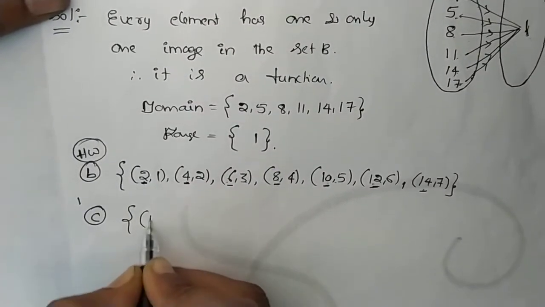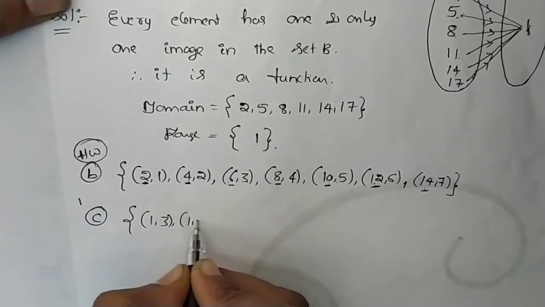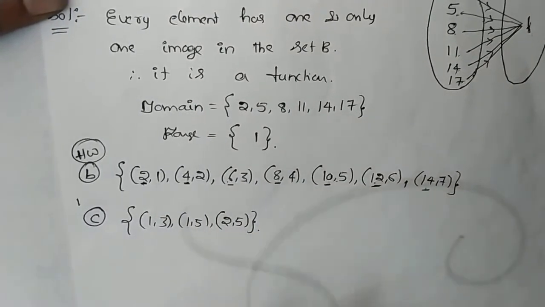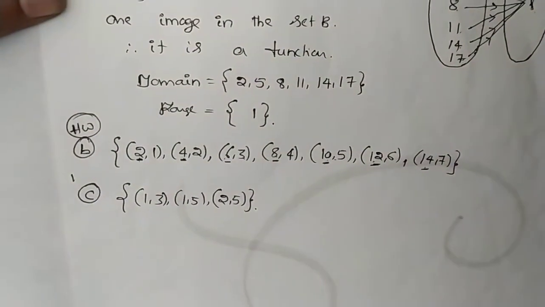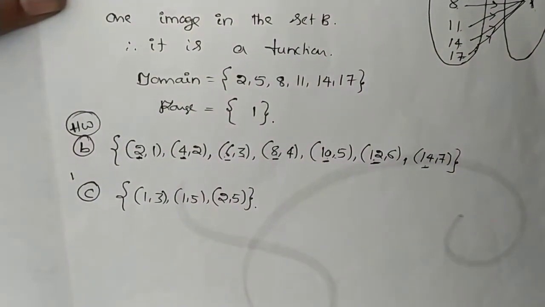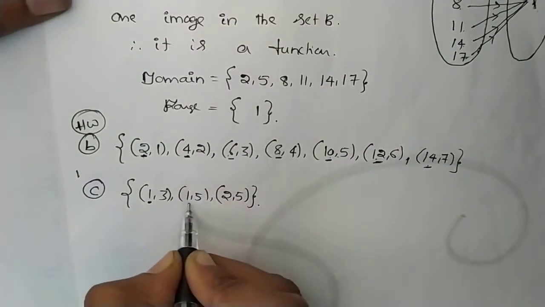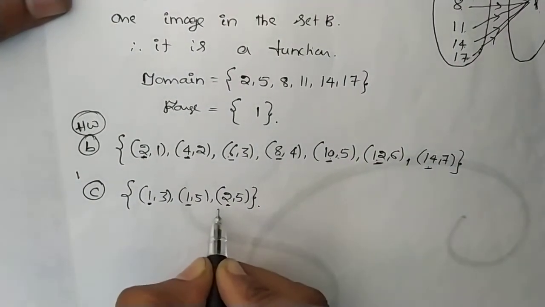Now, third sub-question. Write down the relation (1,3), (1,5), (2,5). Is this a function? According to the definition of a function, the first element of the ordered pair should not repeat.